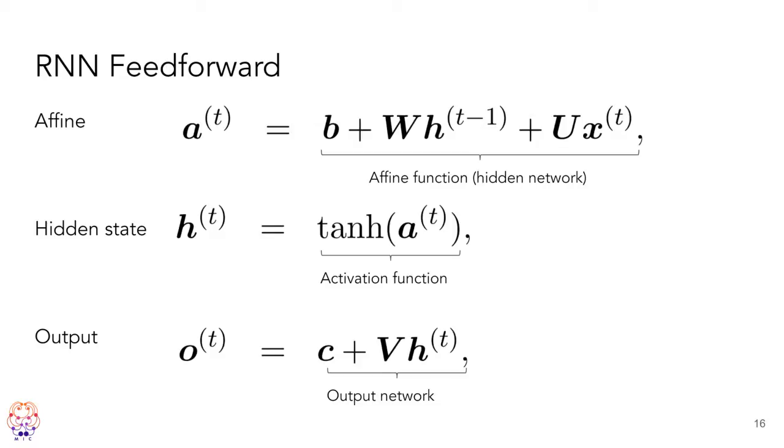So here are the basic equations. Initially, we have our affine function, and we use that to get our hidden state. As I told you, we have the hidden state times the weight, the input times the weight, and then we add a bias to get an affine function, and we pass that affine function to an activation function to get the hidden state.